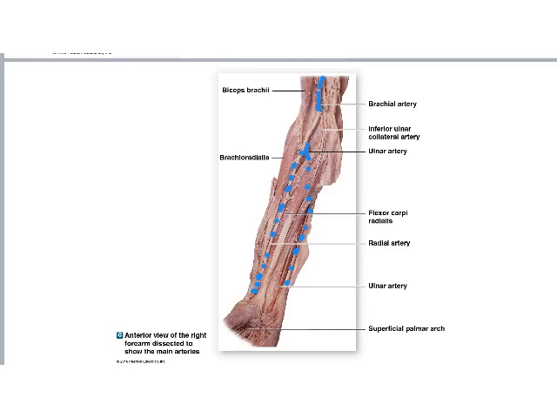And the way you'll know is the radial artery is anterior and it's on the thumb side, right? The ulnar artery is going to run posterior and it's going to be on the pinky side, so that should be easy to remember. So subclavian goes to axillary and brachial artery, and brachial artery branches into radial and ulnar.